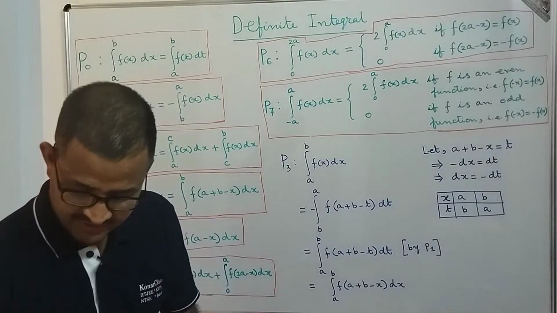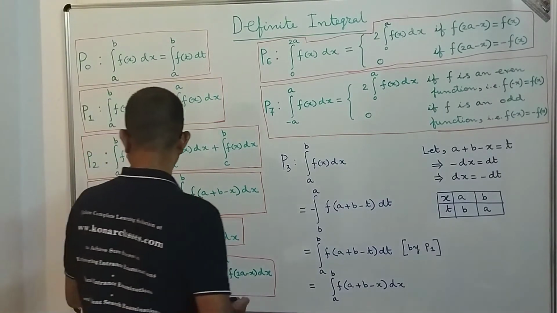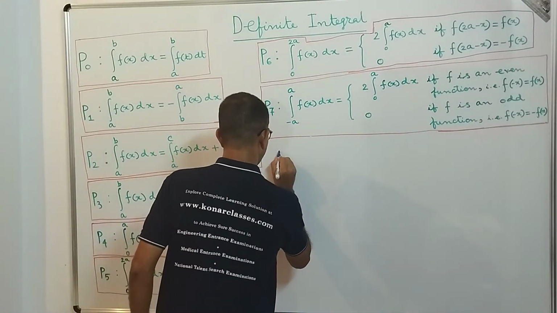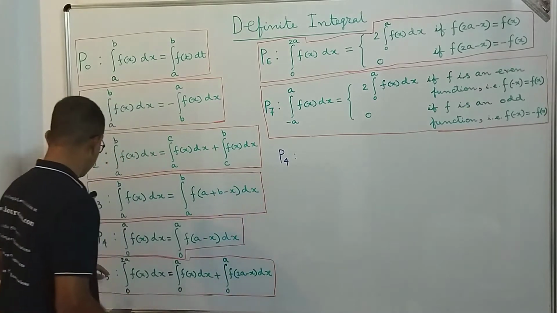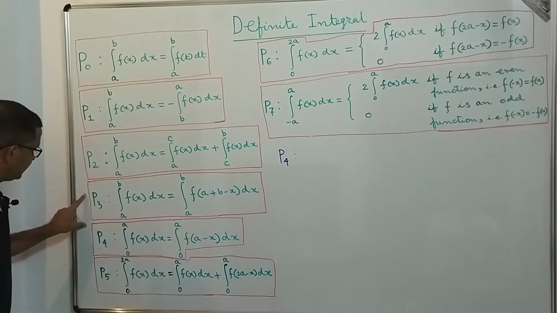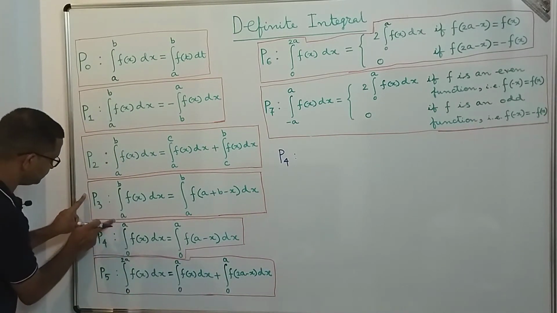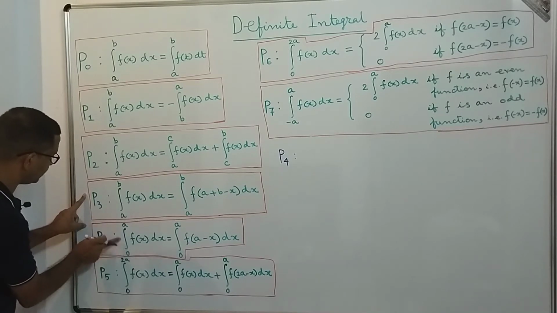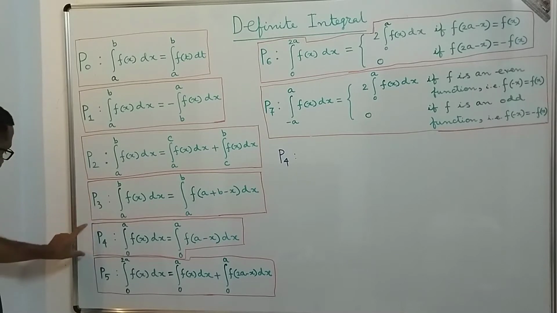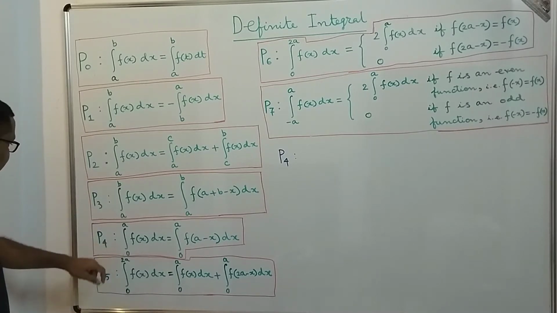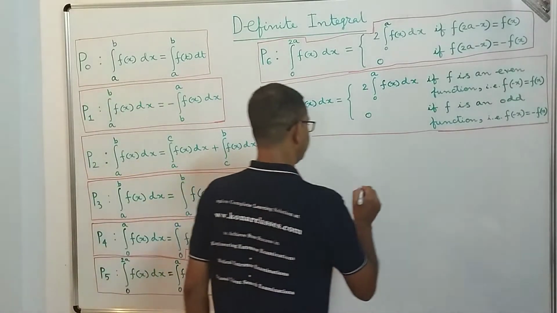Okay, we are done. Now let's concentrate on property P4. If you look at property P4, this is a special case of property P3. If you just assume that a is equal to 0 and b is equal to a, you will get property P4. What is that? What we know from property P3?